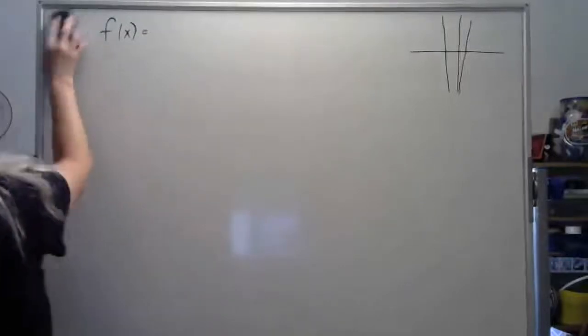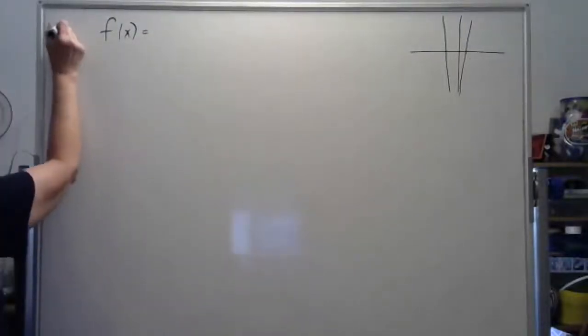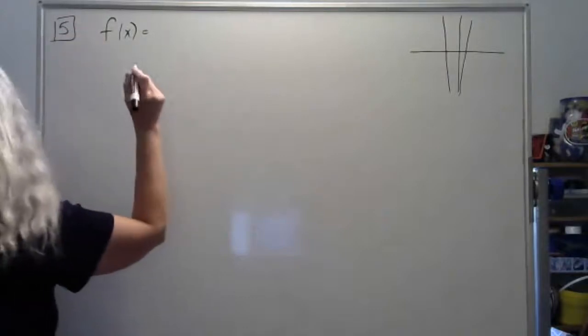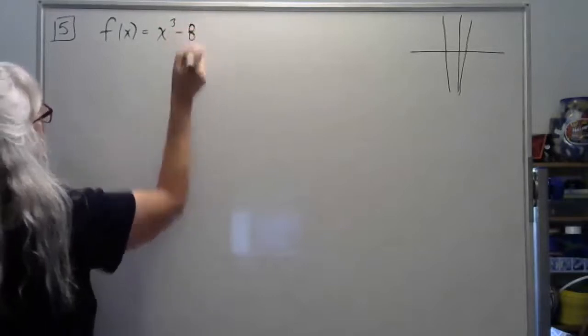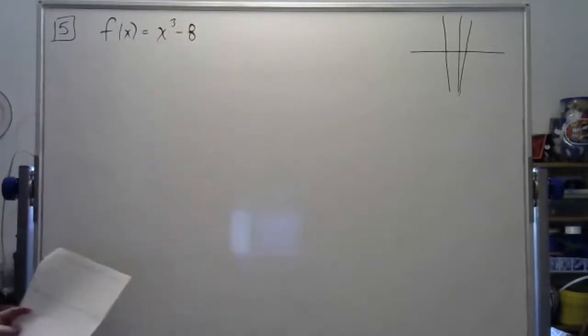Okay, so example 5. Says f of x is equal to x to the 3rd minus 8. Same directions, find the complex zeros, write it in factored form.